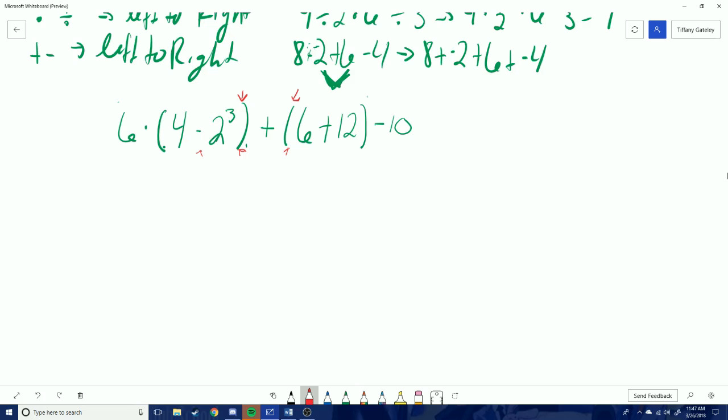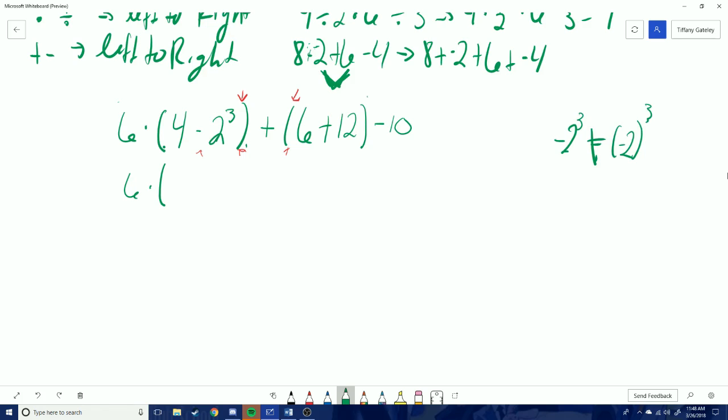So change back to green. So 6 times, and in this one you have this. Now with this one, I wouldn't change the negative because of the exponent, and that's because negative 2 to the third does not equal negative 2 to the third.